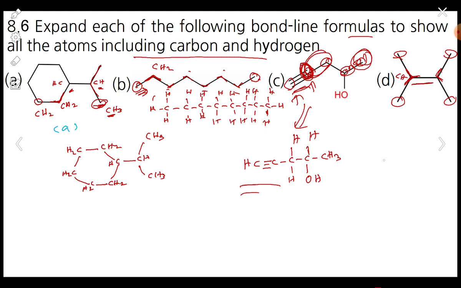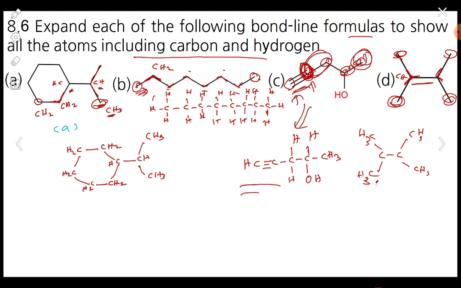There are 2 central atoms, 1, 2, and we have branches like this, and they also have carbons. These ends have 3 hydrogens, right? So I will write CH3, CH3, CH3, and CH3.